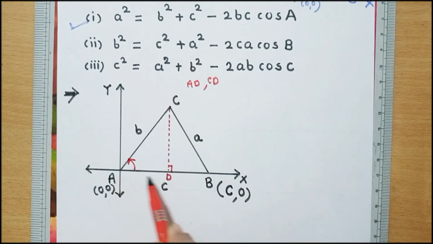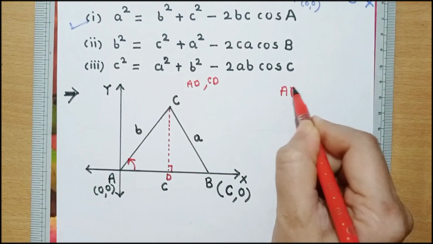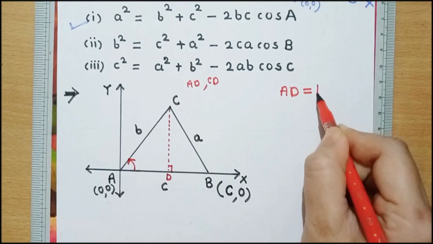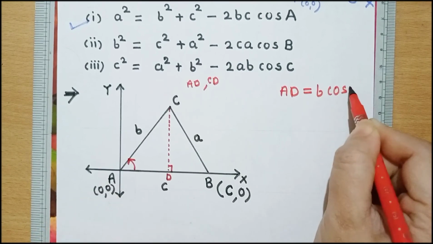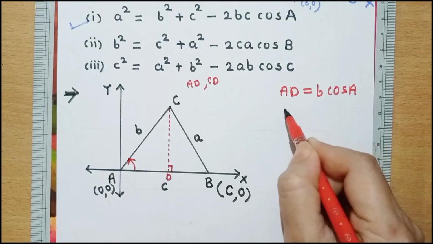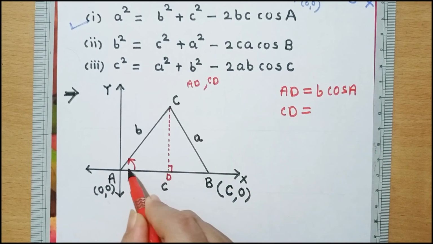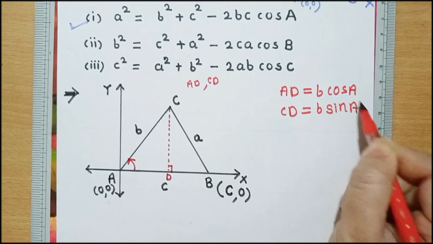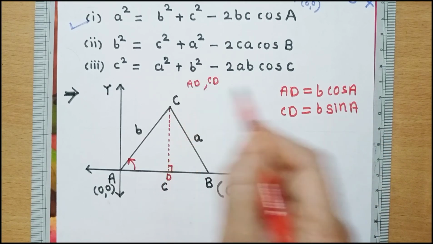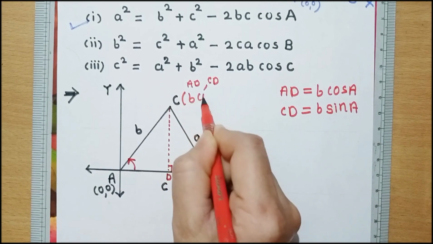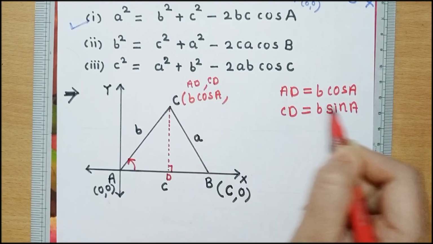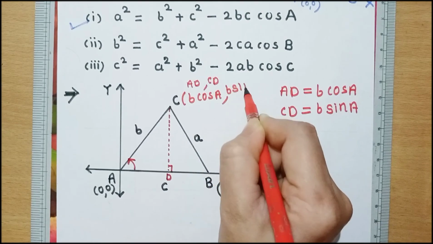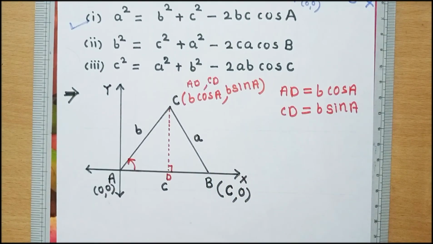Now check again, AD is the adjacent side to angle A, so AD is equal to the hypotenuse, that means b, cos of this angle A, and CD is the opposite side to angle A, so here we will write b sin A. So these are the x and y coordinates. AD we will write here b cos A, and CD means b sin A. And now we will prove the first statement.